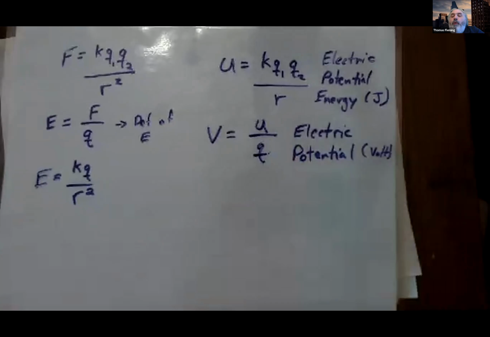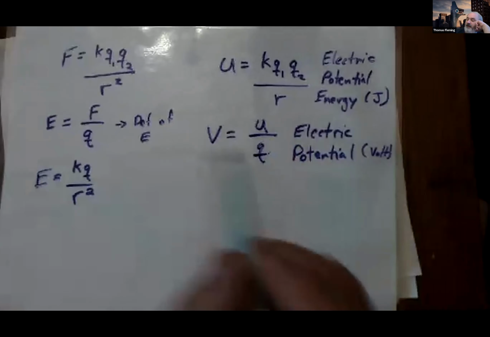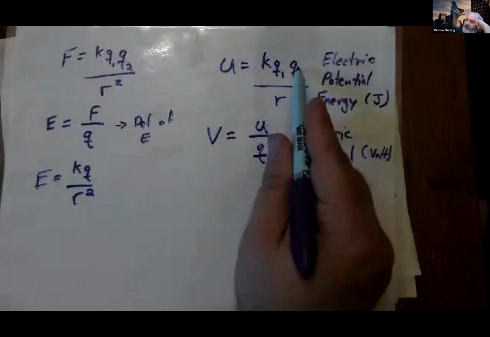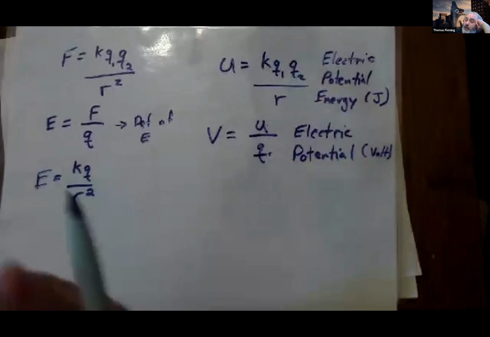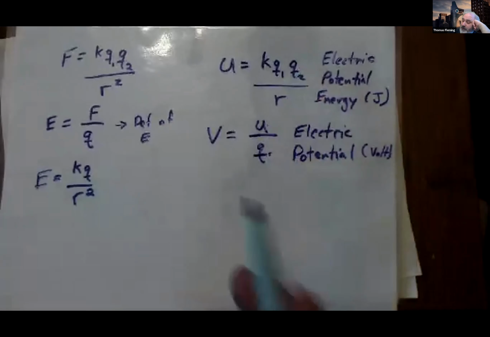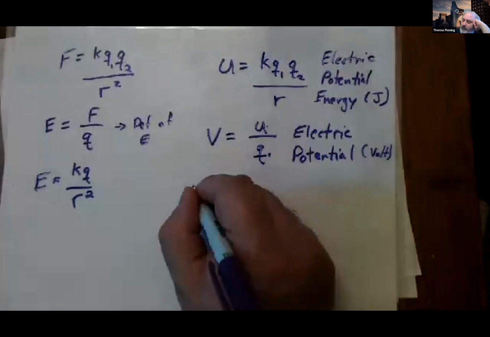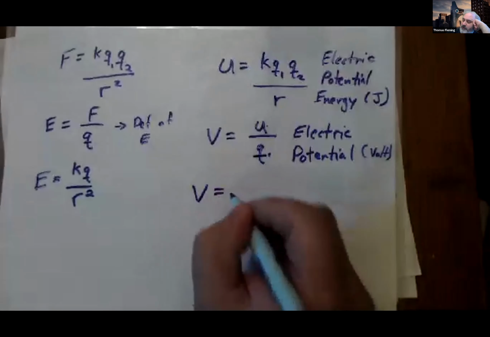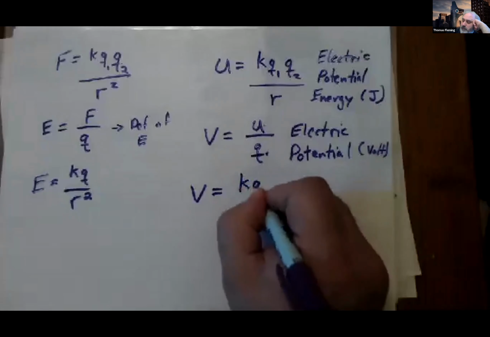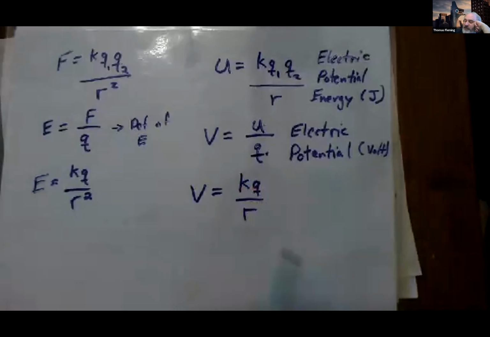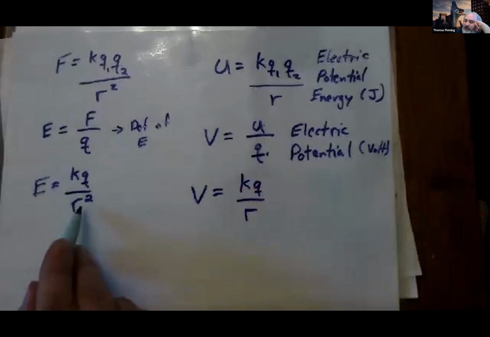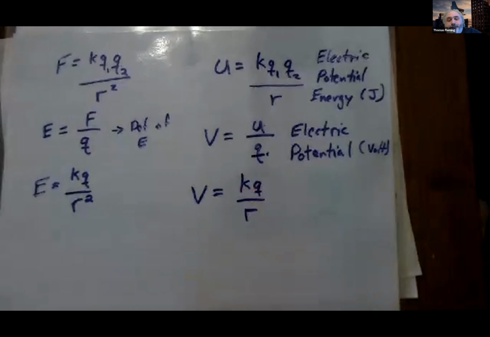And notice if U looks like this, but then I'm dividing by one of those two Q's, whatever Q I'm dividing by cancels out. And so my formula for the electric potential of a point charge looks just like my formula for the electric field, except the R is not squared.